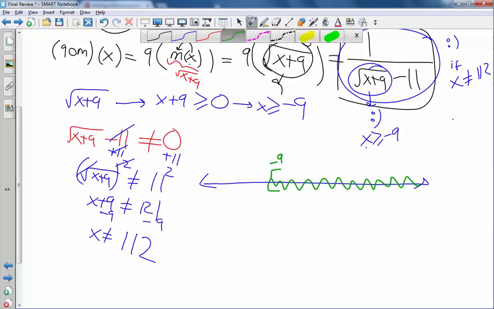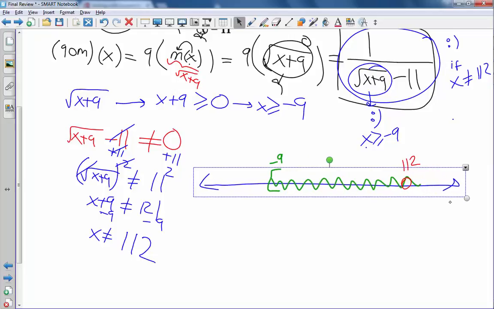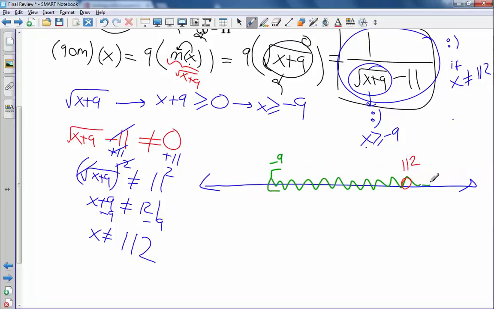So what I do is, I punch a hole right here. And continue with this. So what is your final domain then? Combination. You need to keep both happy. It's this green zone without the value.